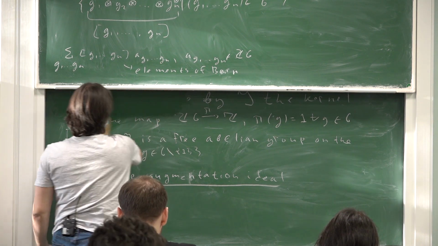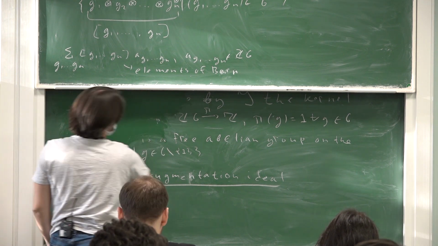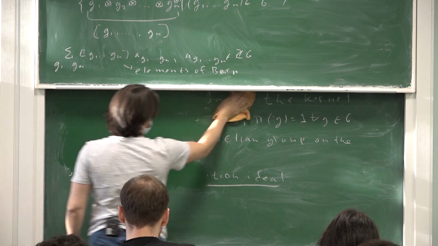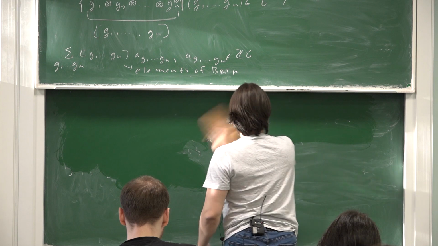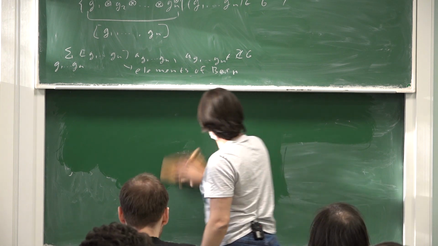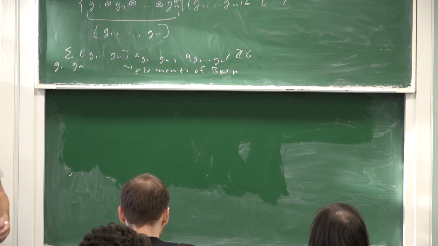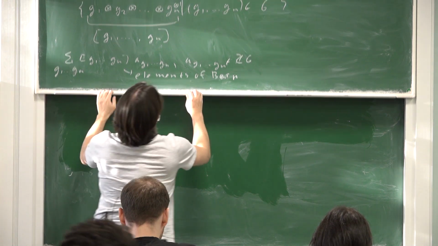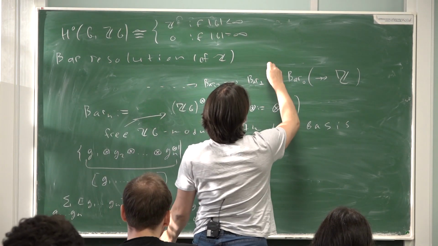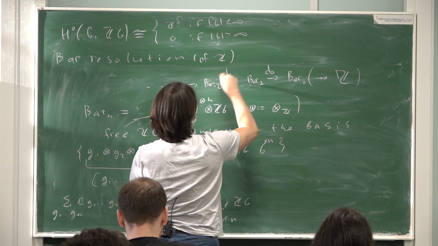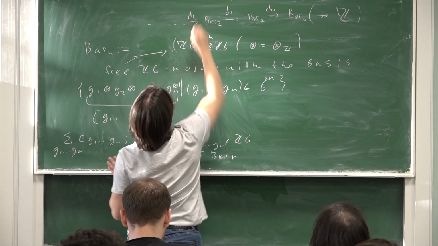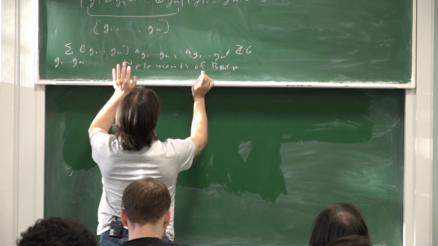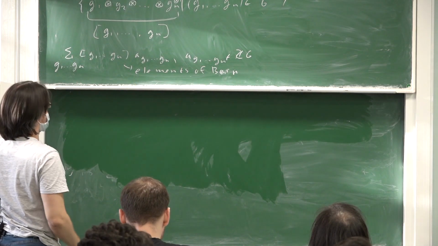So now we need to define differentials. Since the differentials have to be morphisms of the G modules, we need to define them only on the generators.